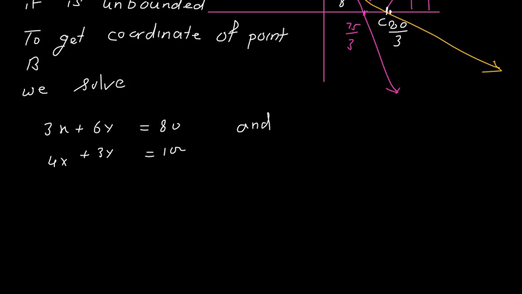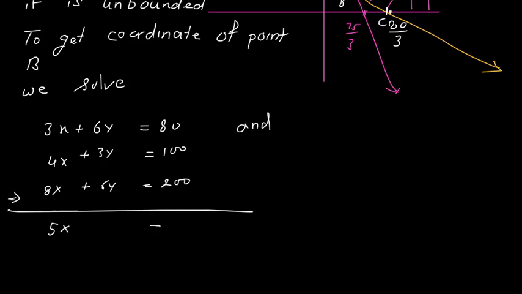Now I can write this 4x plus 3y equal to 100 as 8x plus 6y is equal to 200, and from this I will get 5x is equal to 120, x is equal to 120 divided by 5. So 5 2s are 10, 5 4s are 20, so 24.